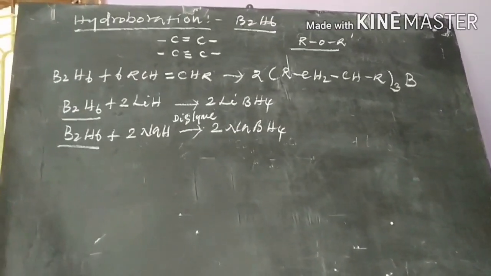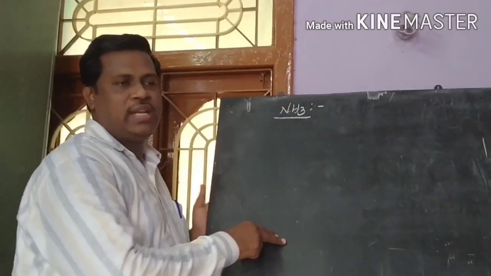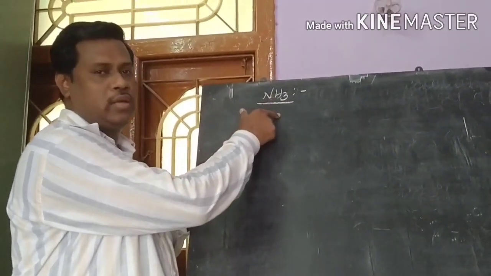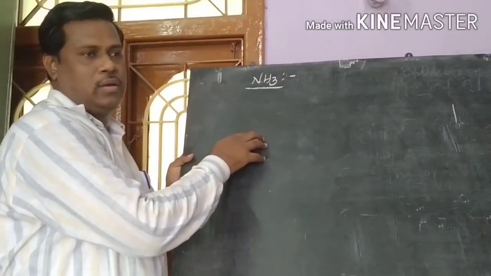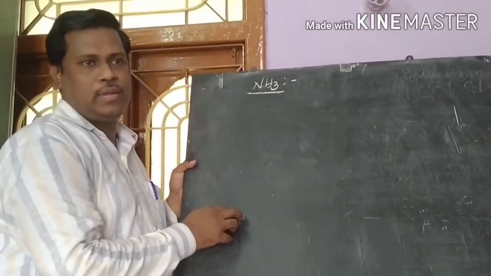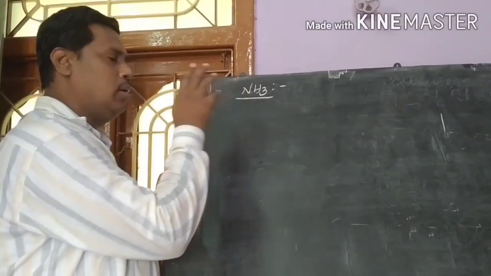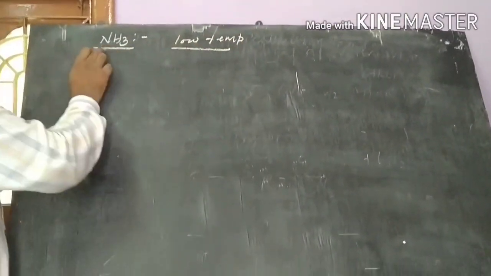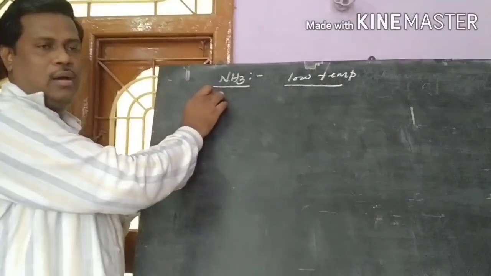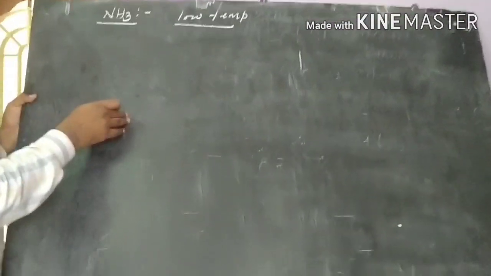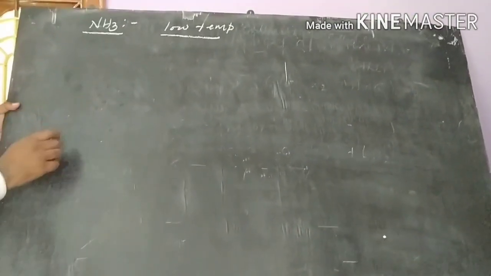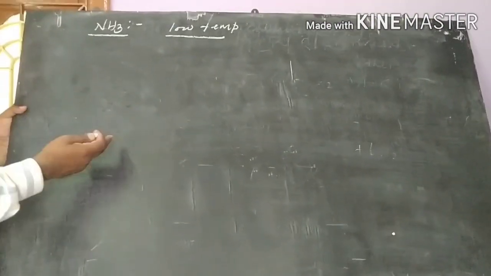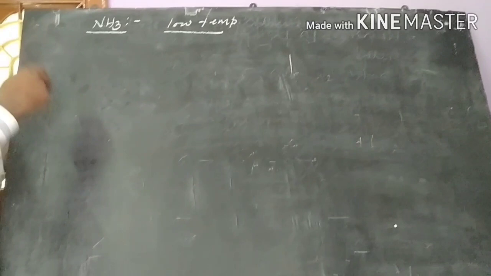The next one is the reaction with ammonia. When treated with ammonia, formula NH3, நமக்கு இது தெரியும் இல்லையா? So when treated with excess ammonia at low temperature, diborane gives diborane diammoniate. On heating at higher temperature, it gives borazole. So first, when treated with excess ammonia at low temperature, diborane, formula B2H6, gives diborane diammoniate.